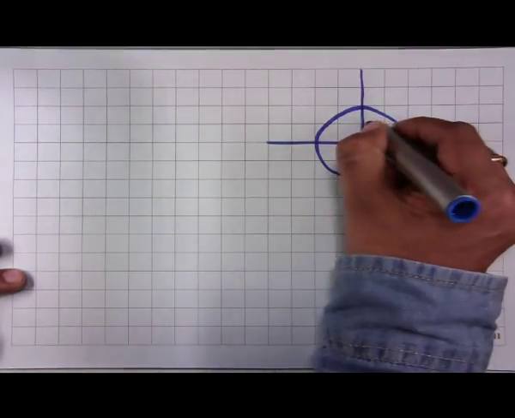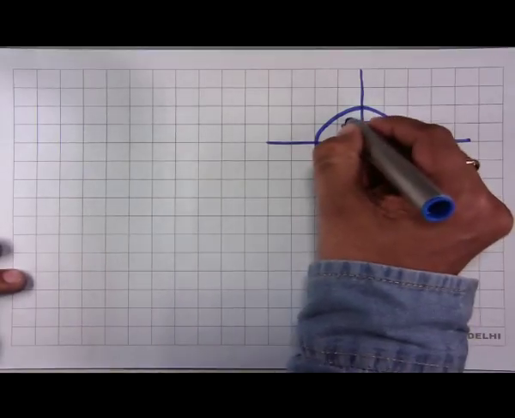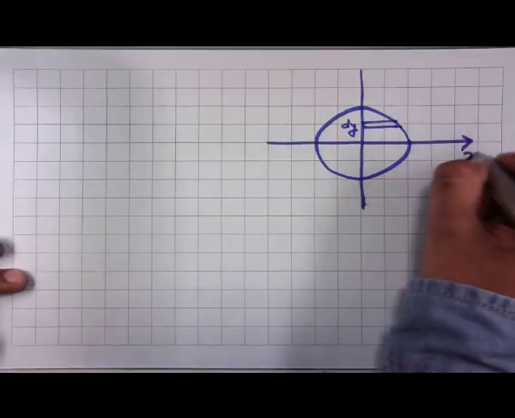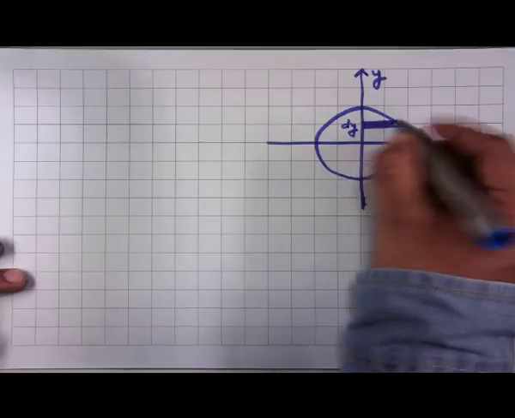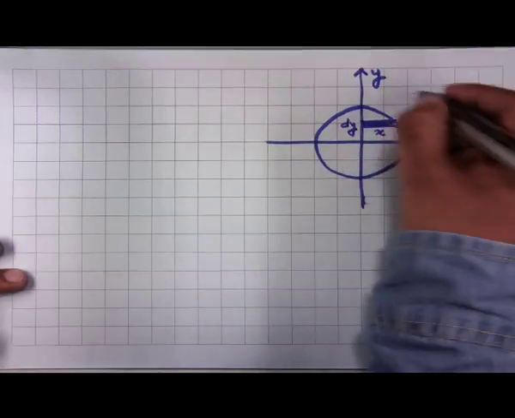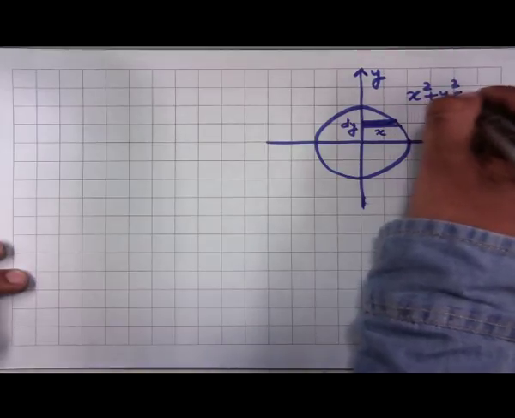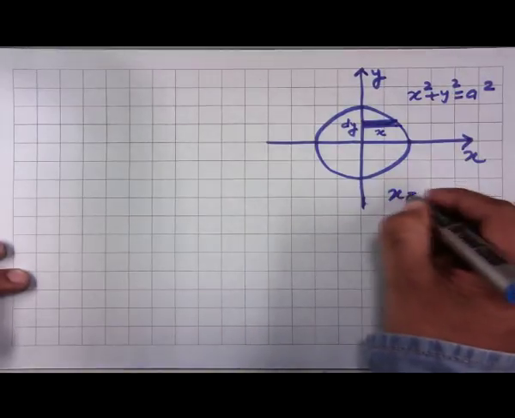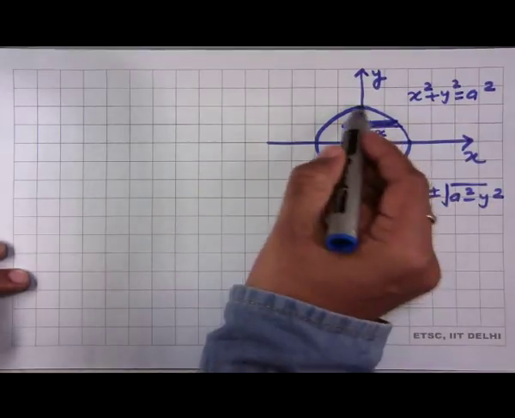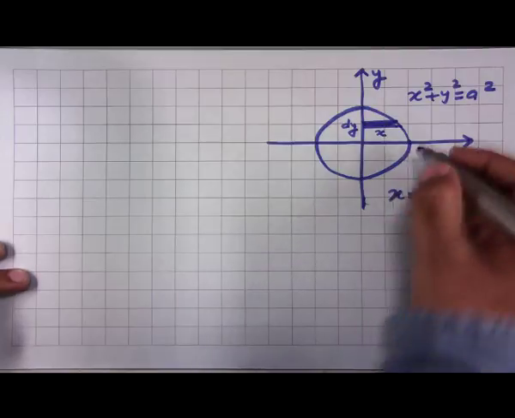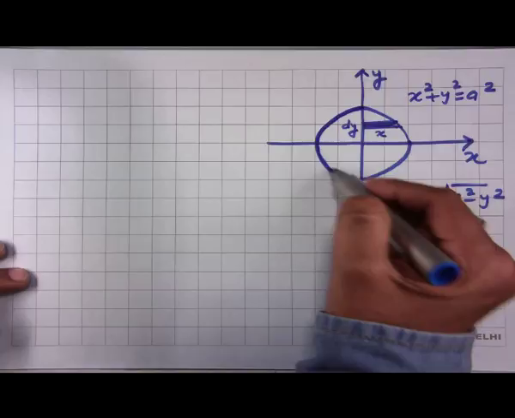Let us take this horizontal strip whose width is dy and length is x, governed by the equation of the circle. So x will be in this case plus minus under root a square minus y square. Since we are using this branch, the positive value of x will be taken, and the negative value will give this branch of the circle.